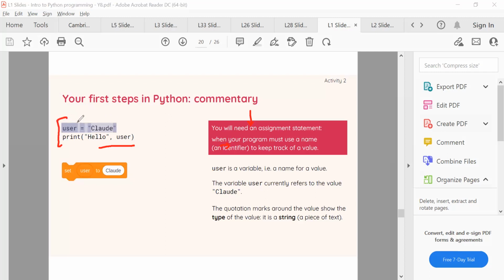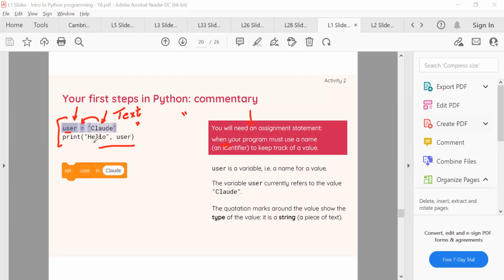In the first line, he is telling the computer, please reserve a place in the memory and call it user, and put inside that place a text. Anything between double quotation marks is called text, both how we as programmers recognize it and how the computer recognizes it. So he put a text in a place of memory, and then he goes to print something.